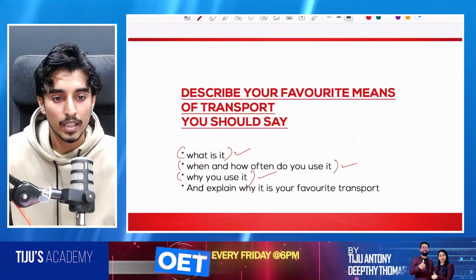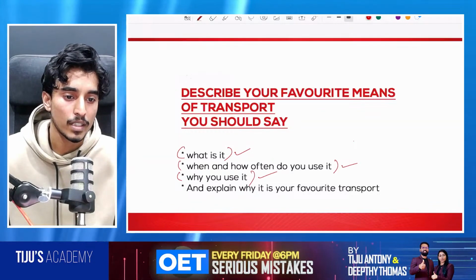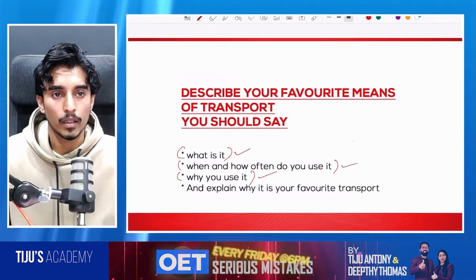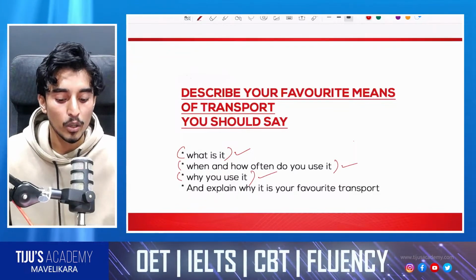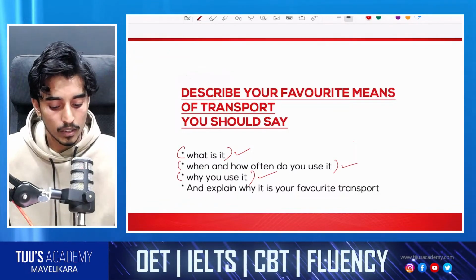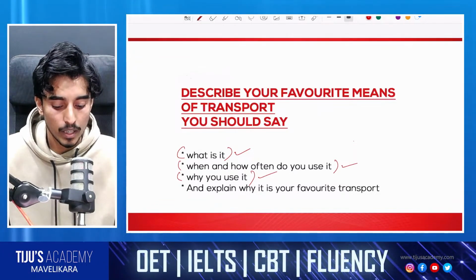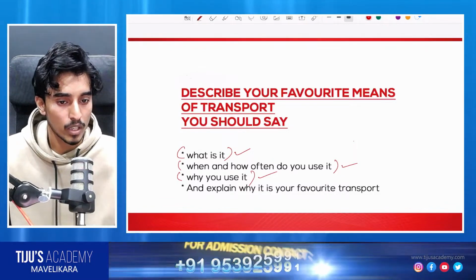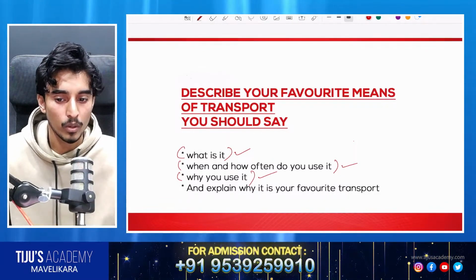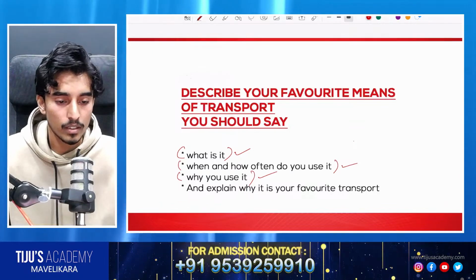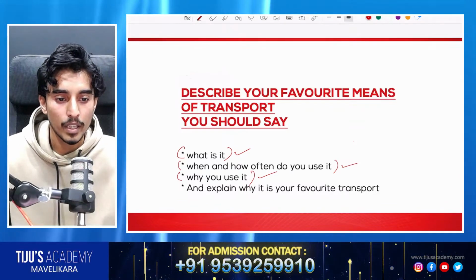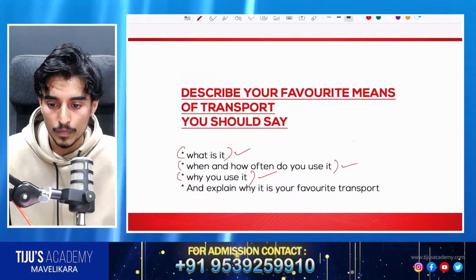I go to different places on my weekends. I like to spend my time in the hills or in any of the places that you can describe. So that is what you can say here in this part, like why you use this means of transport. And if you are a student or a working person, you can also use it to go to your workplace or your study center.